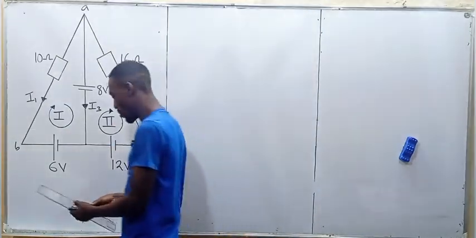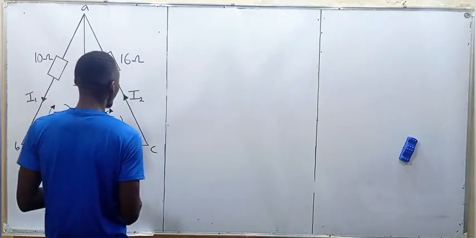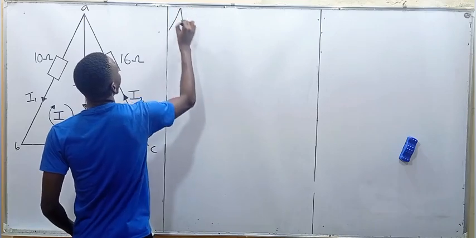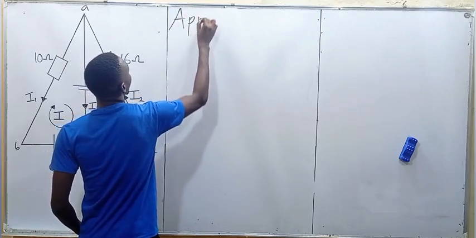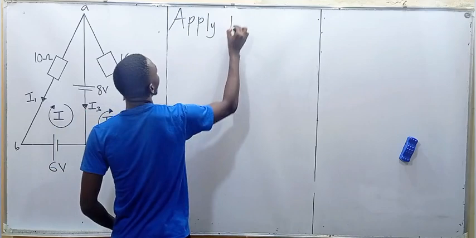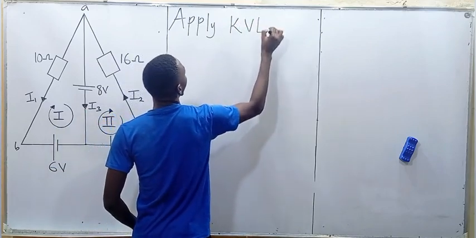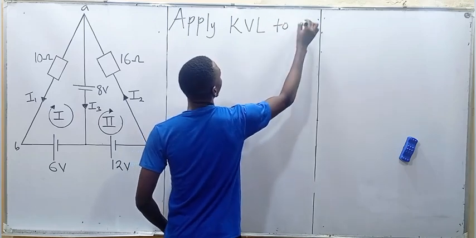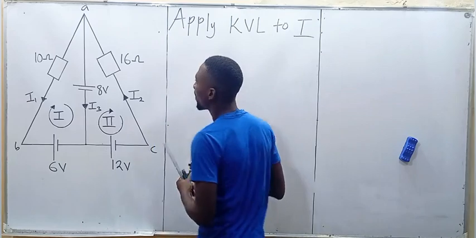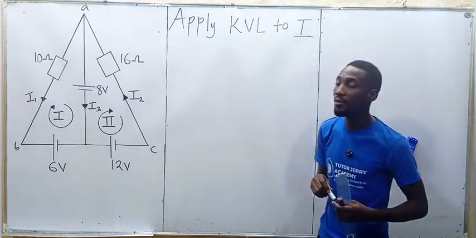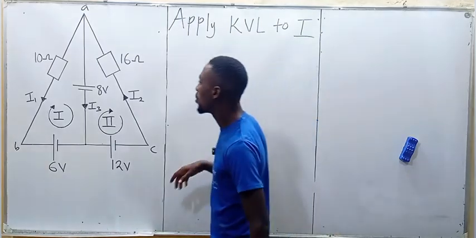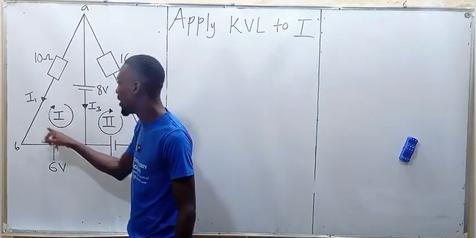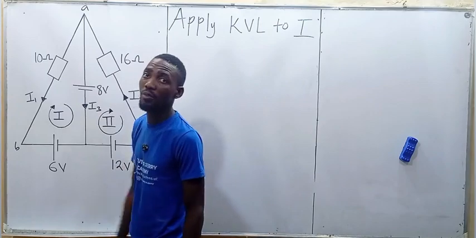Apply KVL to loop 1. You can see this is our direction, and this is the direction of current.